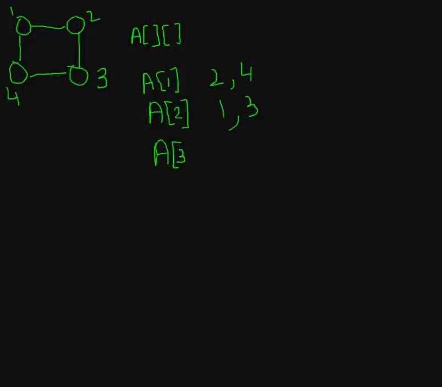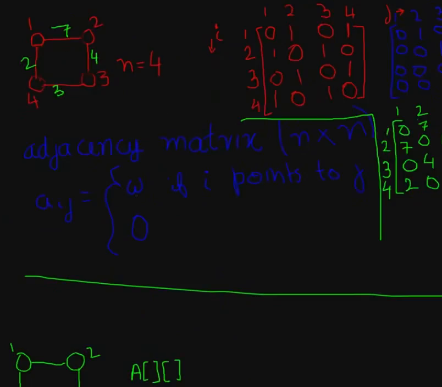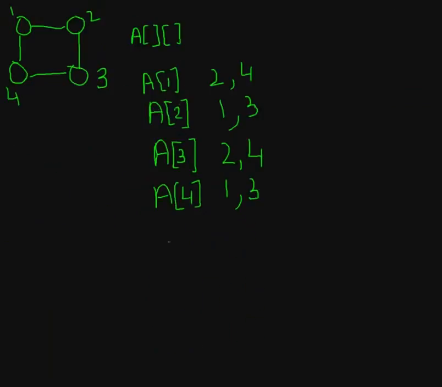A at 3 is going to be 2 and 4. And A at 4 is going to be 1 and 3. And that's our adjacency lists, and this was our adjacency matrix, and this is our adjacency lists.